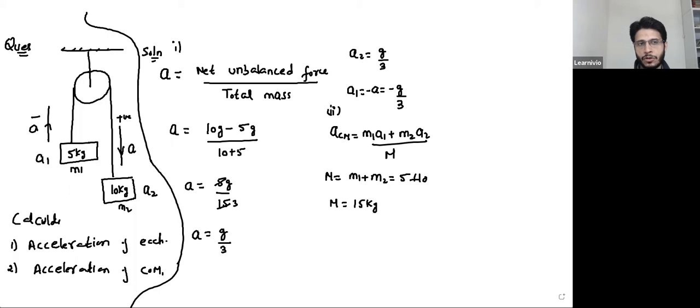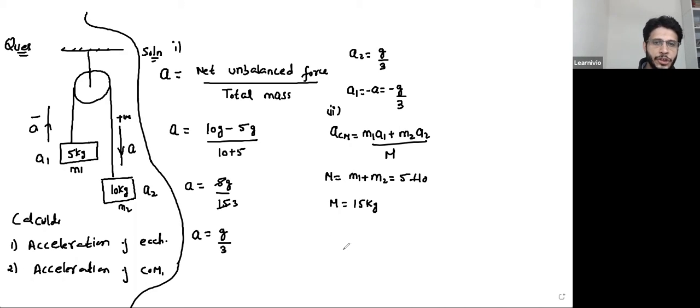Yes. So this plus 10 by 3 means your center of mass is at rest. Is it moving upwards or is it moving downwards? It's moving downwards, right? Moving downwards.